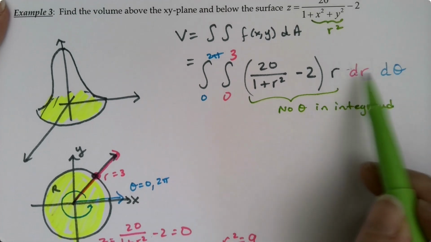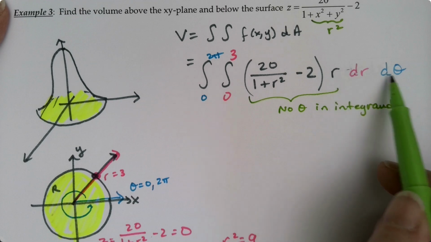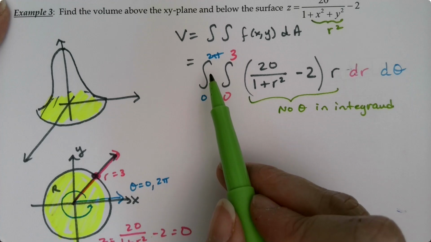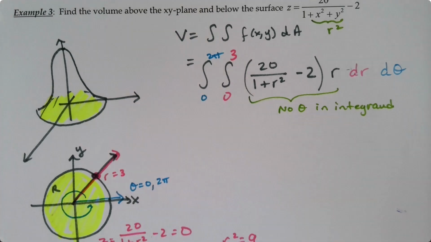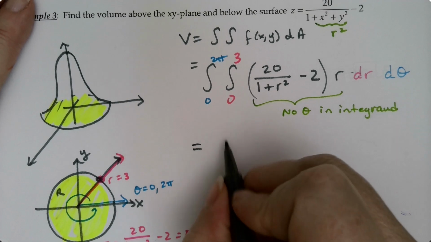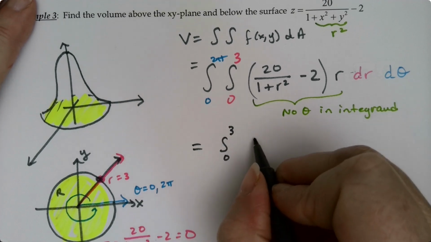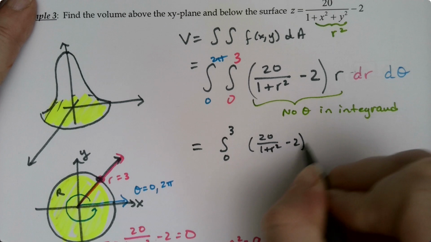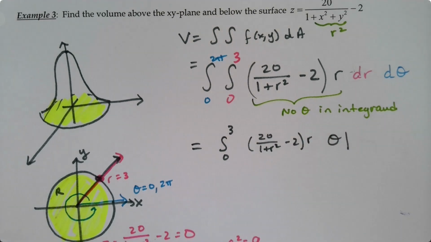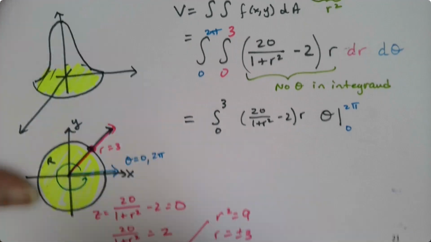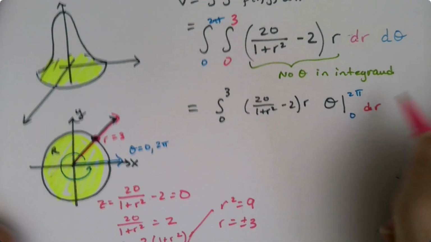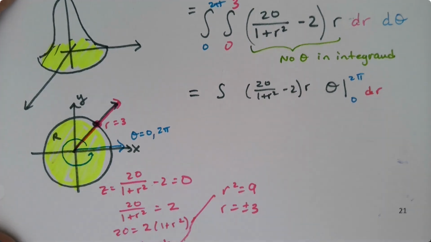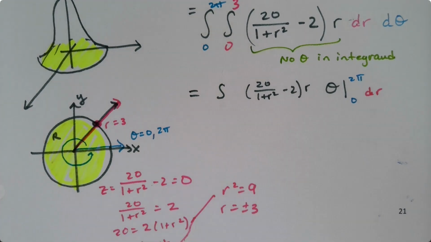If you integrated with respect to theta first, it'd just become theta from 0 to 2 pi, and then it just becomes 2 pi, because the difference is 2 pi minus 0. So let me show you the work, but I'm not going to do it anymore after this. This is 0 to 3, and then it becomes this whole giant thing, 20 over 1 plus r squared minus 2, times r, and then theta goes from 0 to 2 pi, dr. And you just go, well, that's silly, that's just 2 pi. 2 pi take away 0 is 2 pi.